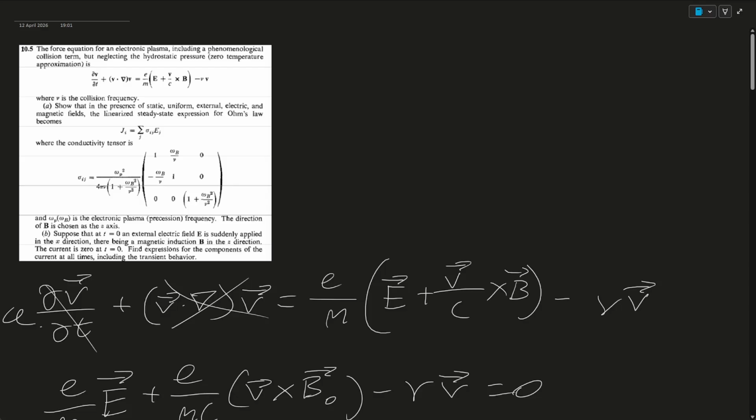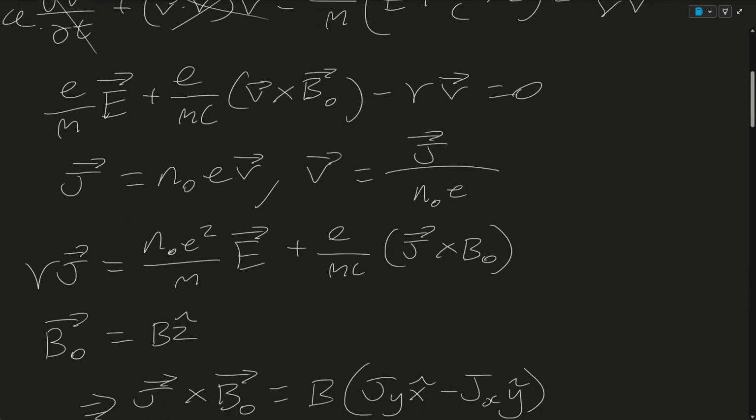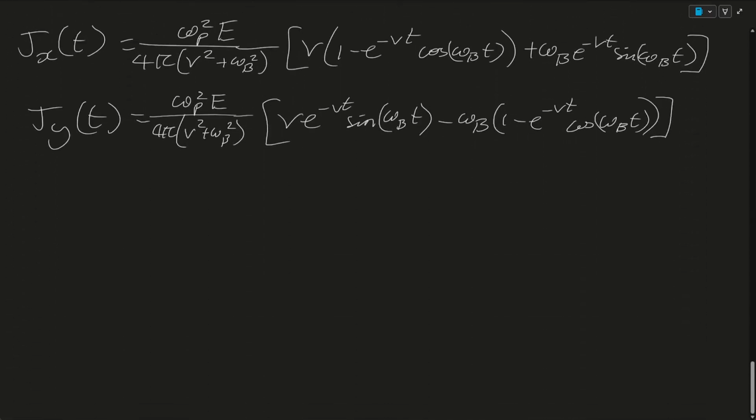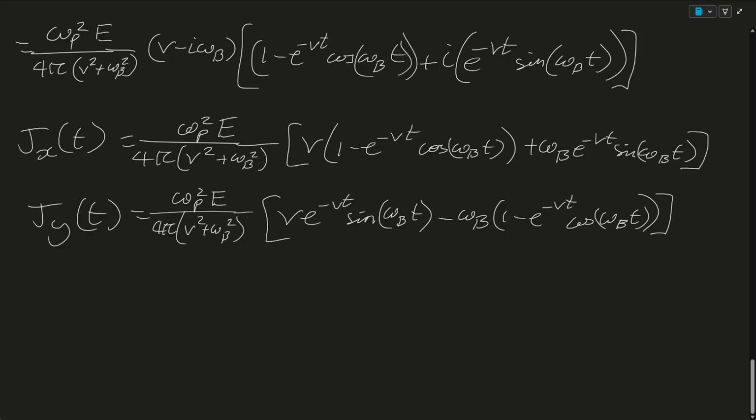We did in fact find expressions for the components of current at all times. Transient behavior is the last thing. So we can examine these functions. I'm probably not going to write it down here, but note that as t goes to infinity, the exponentials are decaying exponentials, so they go away.